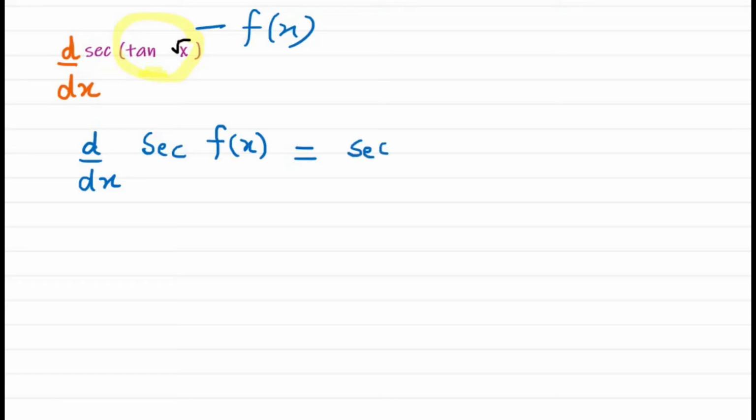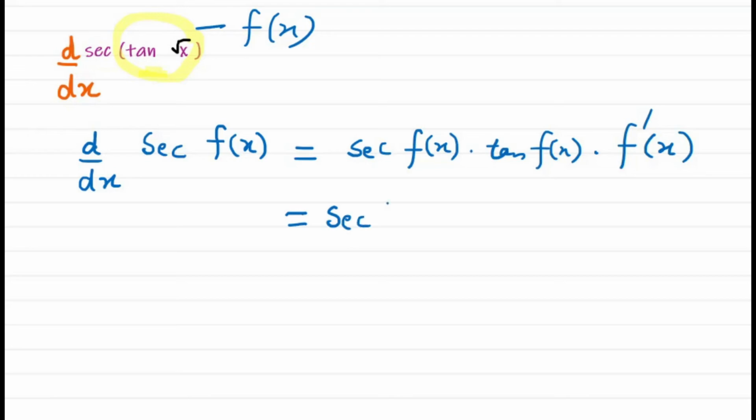So sec of f(x) into tan of f(x) you will get, and afterward you have to find the derivative of f(x). So this will reduce to sec, in the place of f(x) you can put the value, so it is tan of root x, tan of tan root x. Tan was already there, and then this f(x), then multiplied by f'(x), so that is d/dx of tan root x.